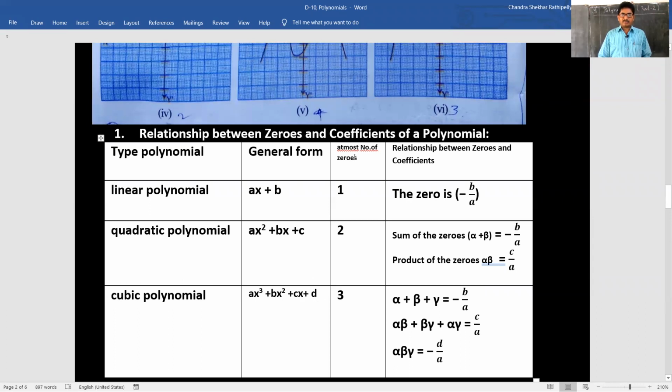We also know the at most number of zeros: linear 1, quadratic 2, cubic 3. But we don't know the relation till now. The zero of the linear polynomial is minus b by a. This first one is known already.